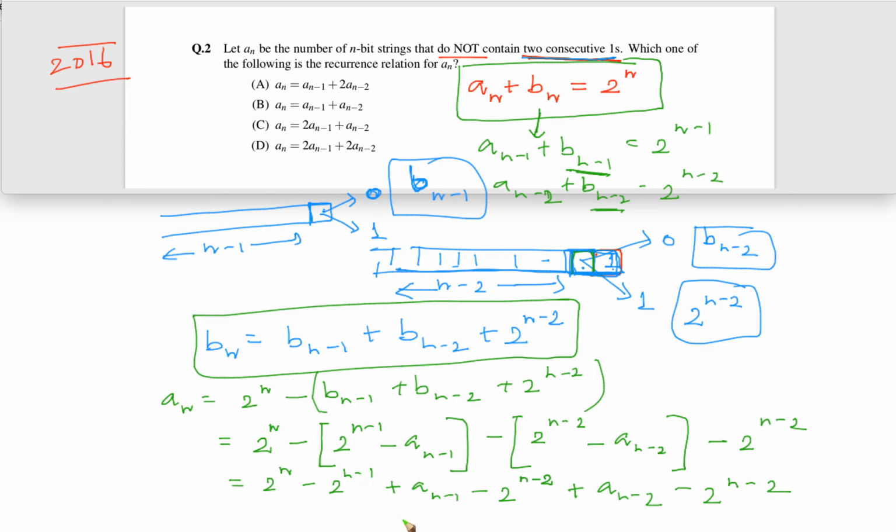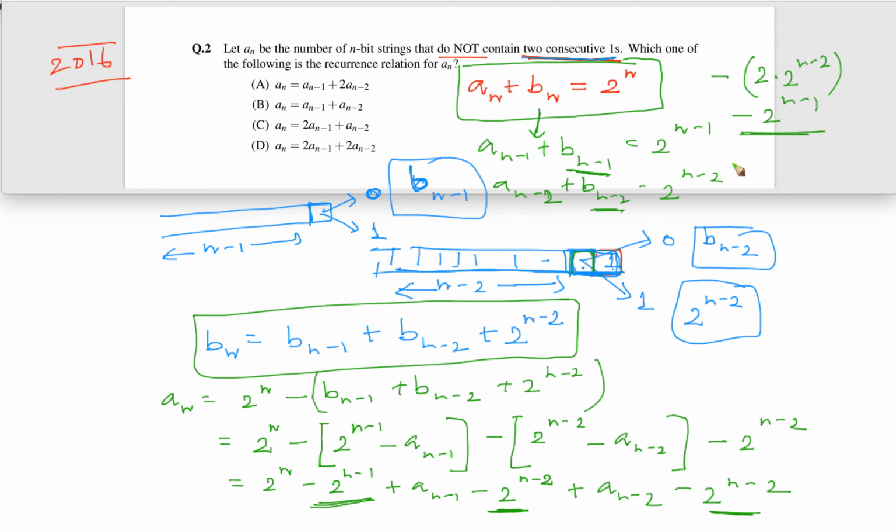So you can understand that 2 raised to the power n, this thing and this thing will be added, so minus, and then it will be 2 times 2 raised to the power n minus 2, which will be minus 2 raised to the power n minus 1. Now this will be minus 2 raised to the power n minus 1, and this will be minus 2 raised to the power n minus 1, right?